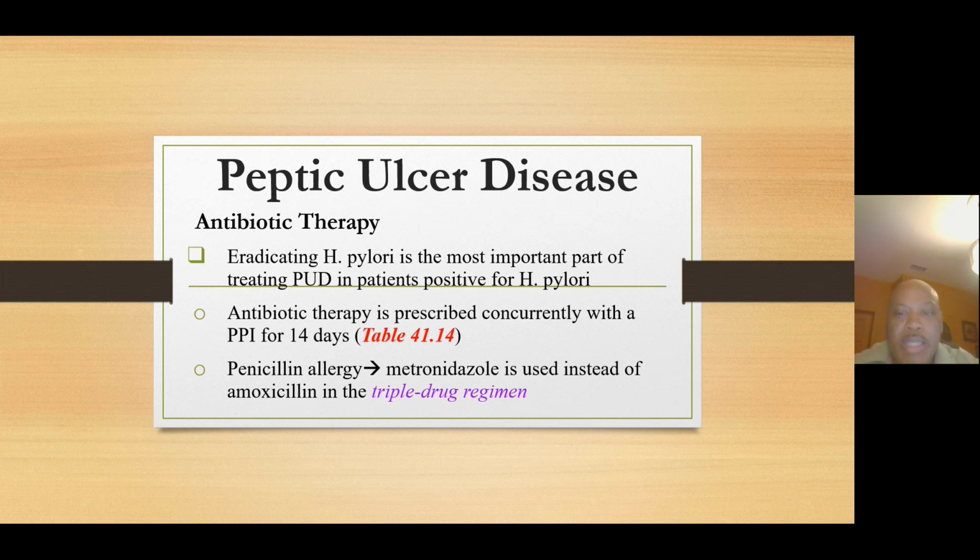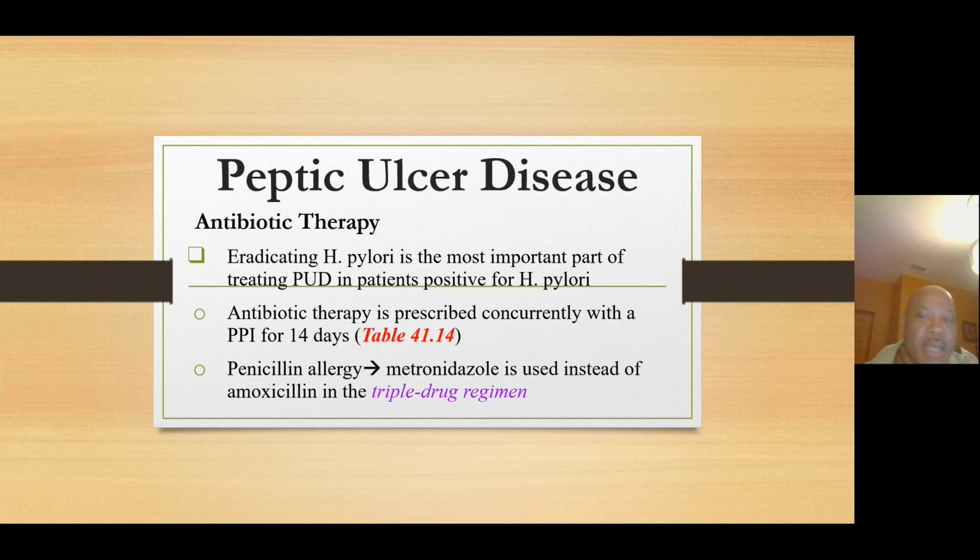All right. For the H. pylori, we may have to use antibiotics. So essentially, eradicating H. pylori is an essential part of treating peptic ulcer disease in those patients who test positive for H. pylori bacteria. Now, antibiotic therapy is prescribed concurrently with a PPI for about 14 days.